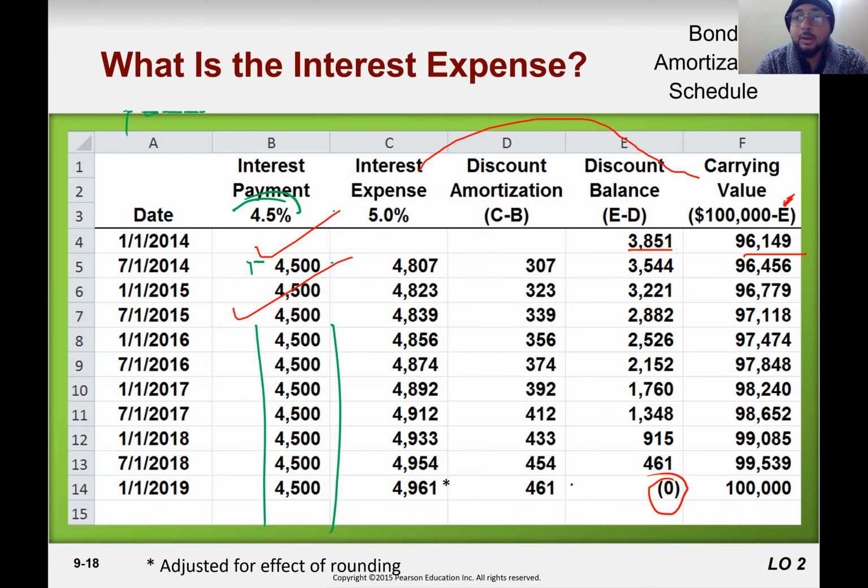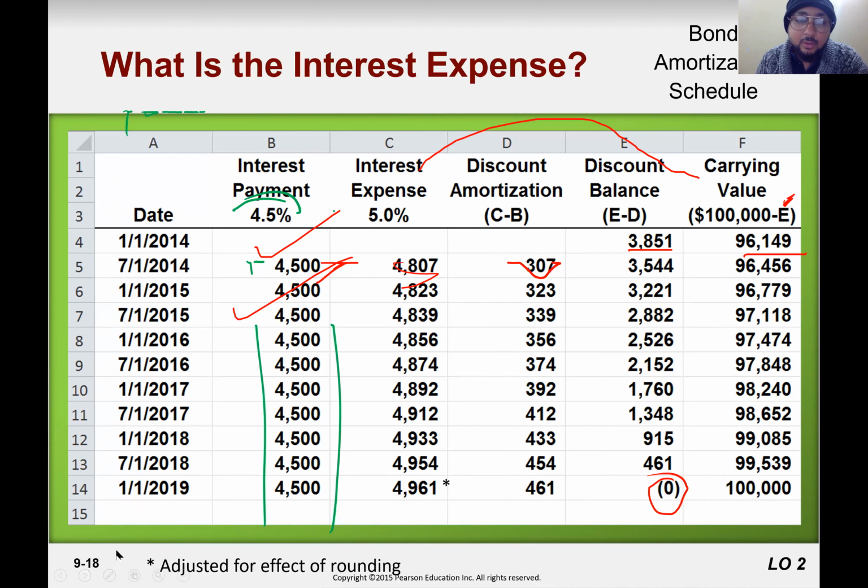So here we go. This first payment we already calculated: 10% multiplied by 96,149, right? So the difference between interest payment and interest expense is 307.